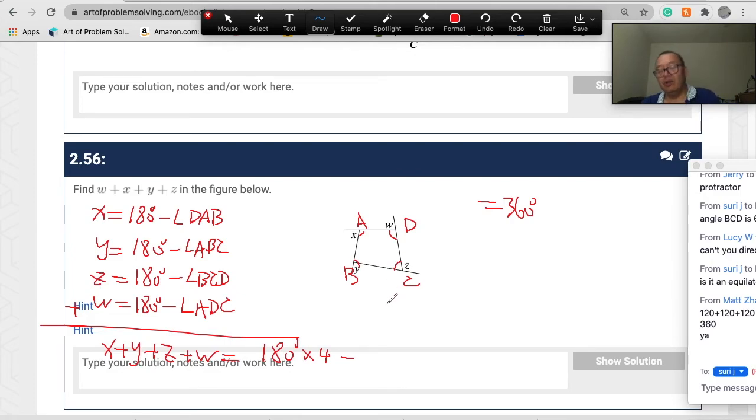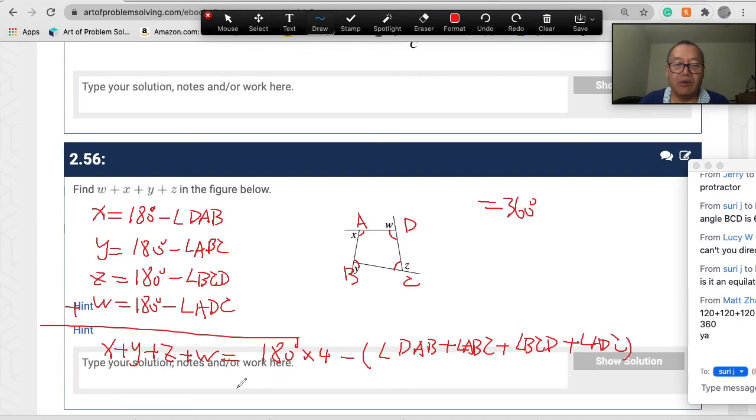You know, for a quadrilateral, the sum of the interior angles equals how many degrees? This one equals angle DAB plus angle ABC plus angle BCD plus angle ADC, right?